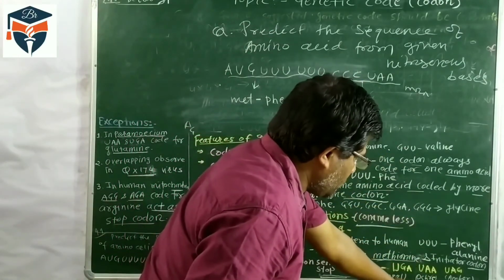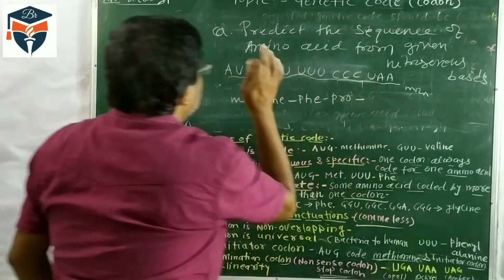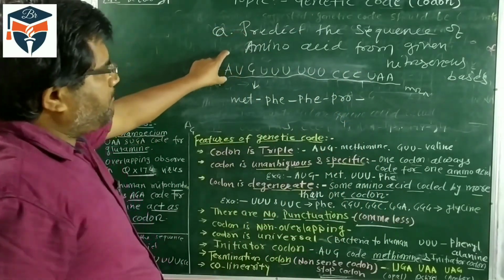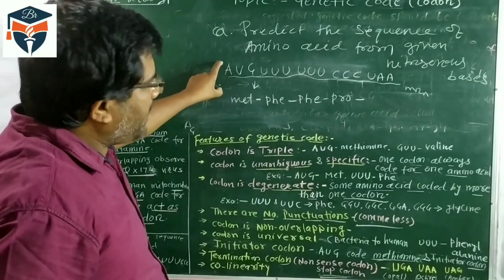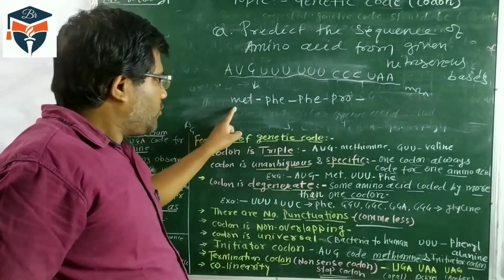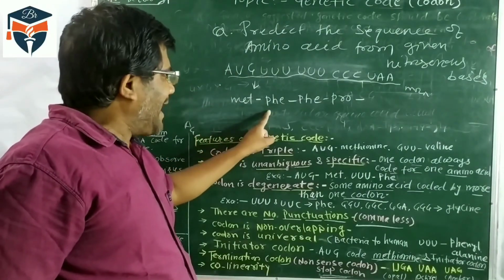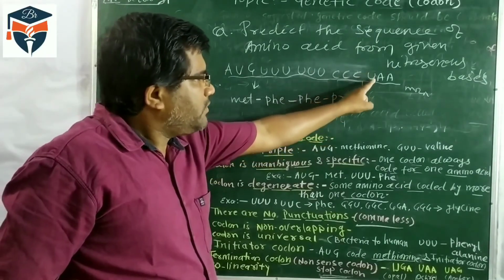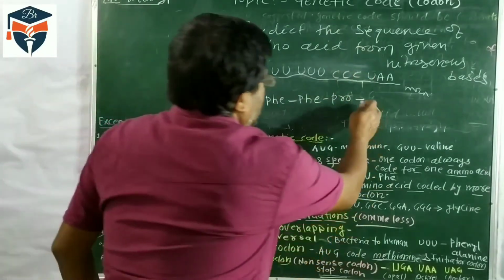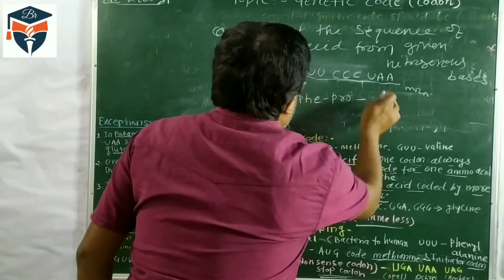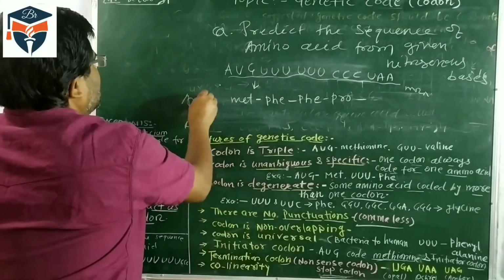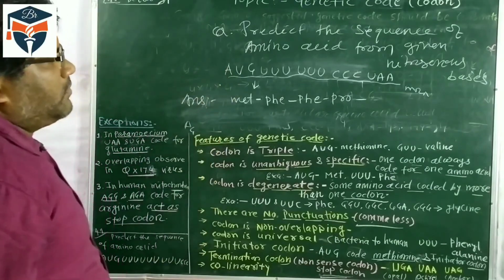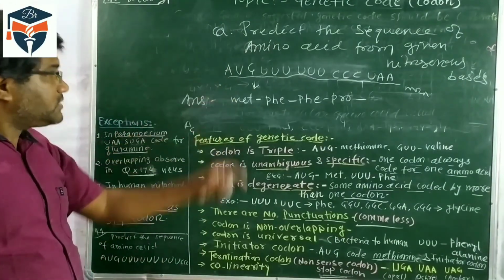And UAA is a terminal codon, so nothing will form. So in this one, the sequence of amino acids will be methionine, then phenylalanine, phenylalanine, and proline, and the stop codon codes for nothing. This is the answer for the given nitrogenous bases.